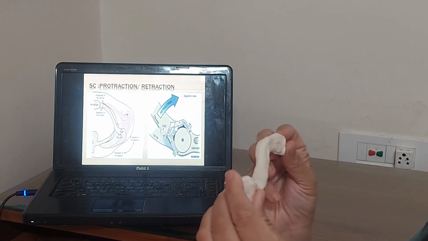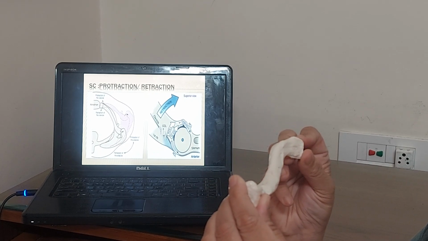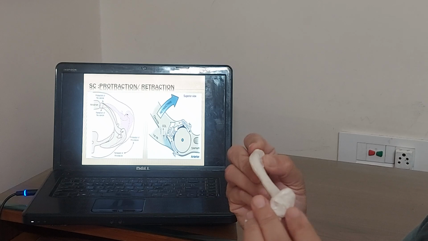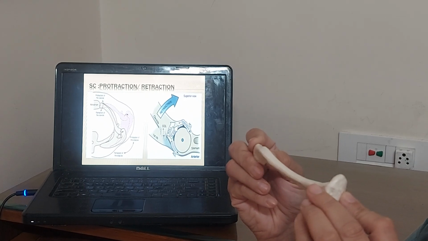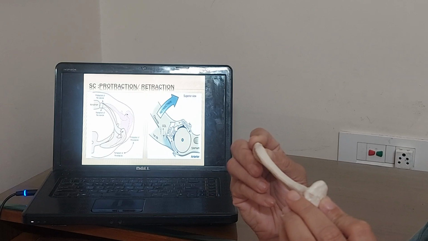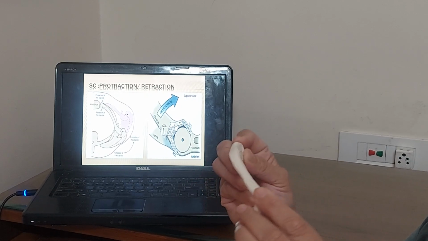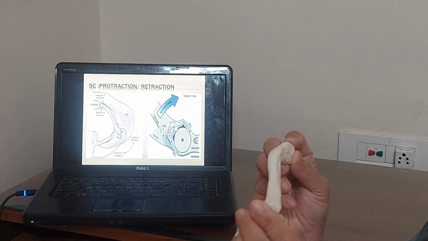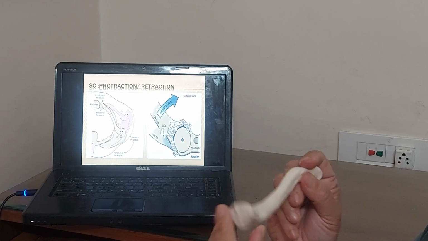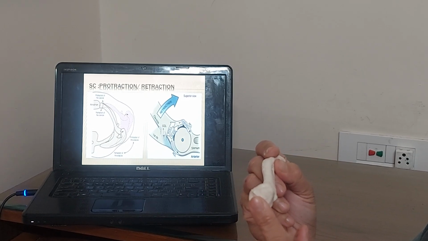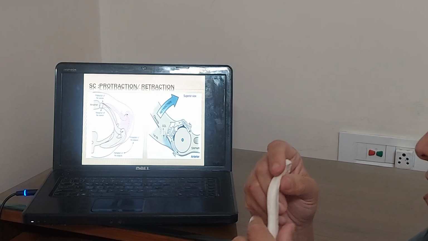Herein, if the lateral end of the clavicle is moving anteriorly, the medial end of the clavicle is also moving anteriorly, or the medial glide is also anterior. Fine. The movement over here is protraction to retraction. That is, if the lateral end of the clavicle is moving posteriorly, the medial end of the clavicle is also moving, rolling and sliding posteriorly.